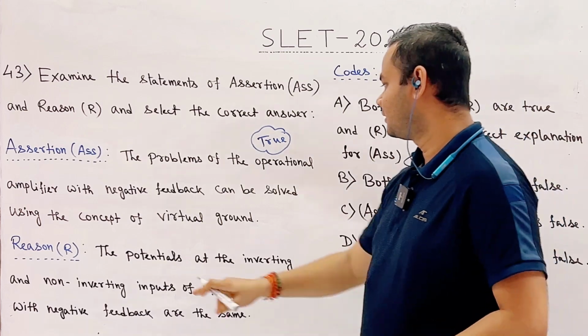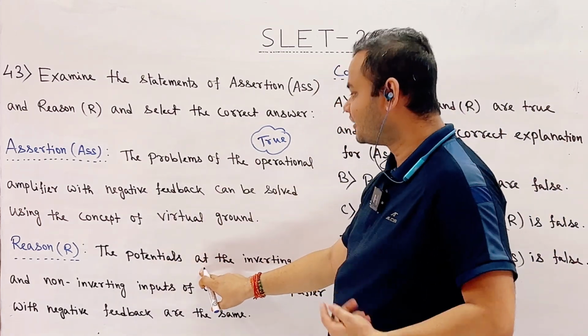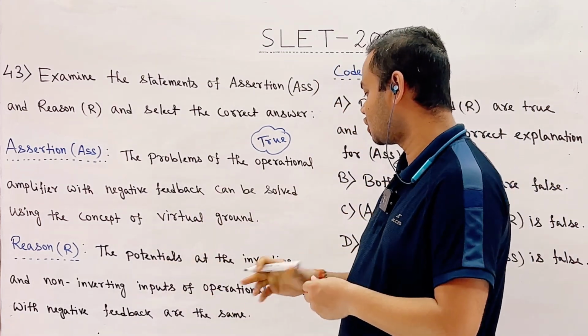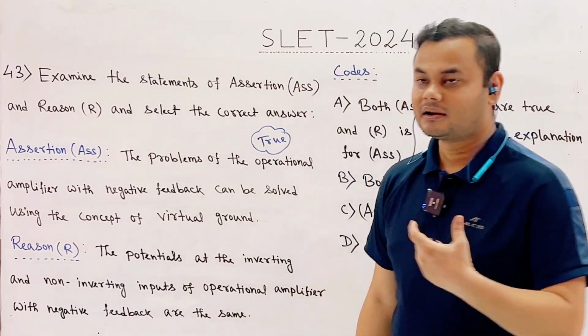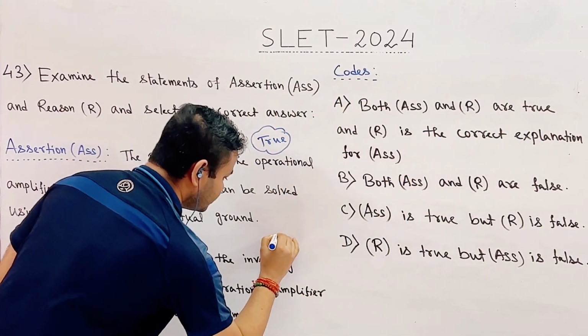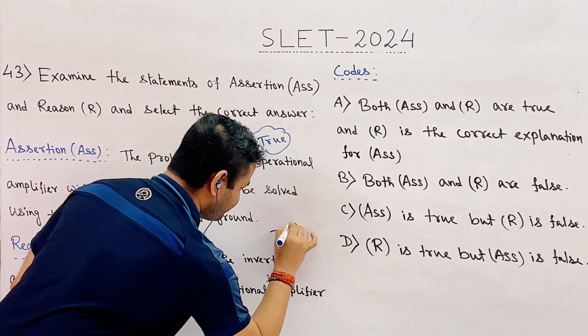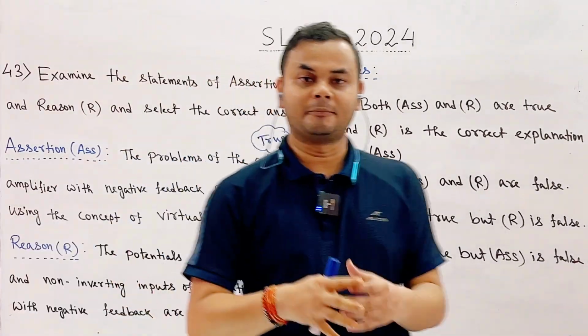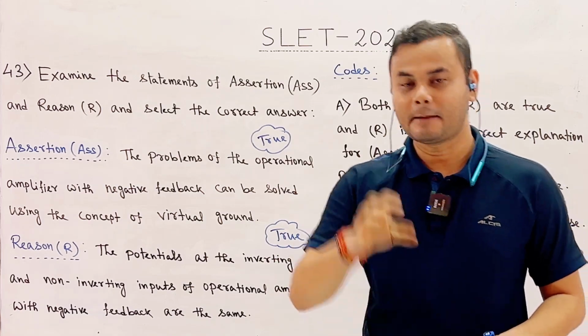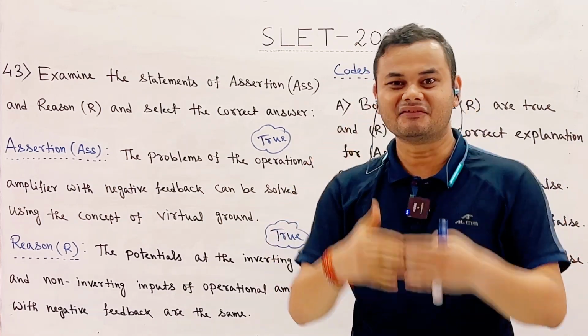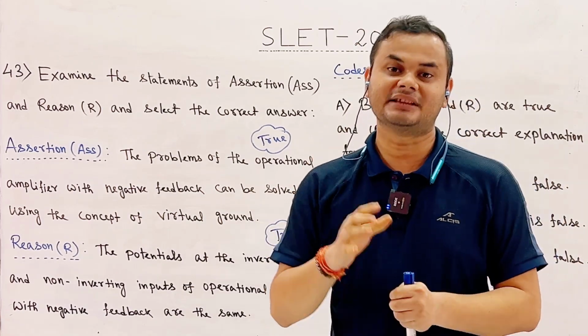Next, reason. The potentials at the inverting and non-inverting inputs of the operational amplifier with negative feedback are the same. This statement is also true. Always remember, in an ideal operational amplifier with negative feedback, the potential difference between the inverting and non-inverting inputs is 0.